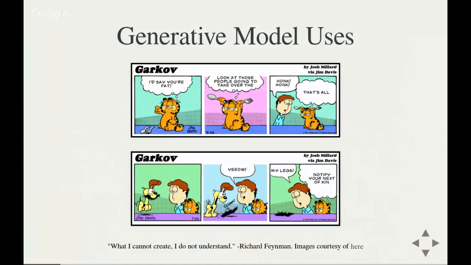So Richard Feynman has a really good quote that kind of summarizes why generative models are interesting, and it makes sense to our experiences as humans. What I cannot create, I do not understand, he says.